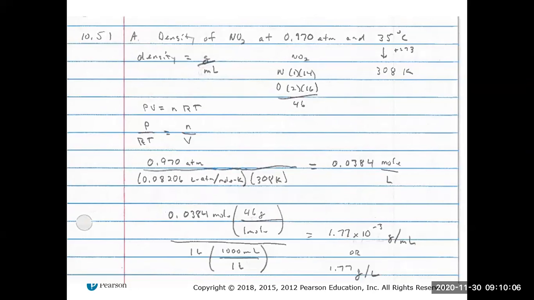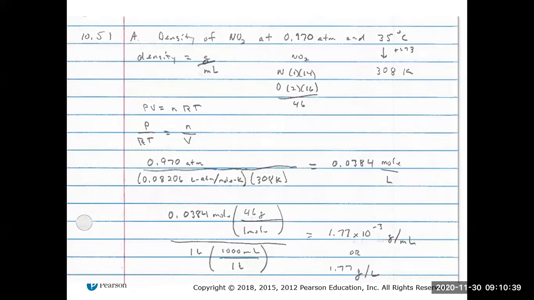So using that P over RT equals number of moles divided by volume, we have 0.970 atmospheres divided by the gas constant times 35 plus 273 gives us 308 Kelvin. And we solve that and we get 0.0384 moles per liter.